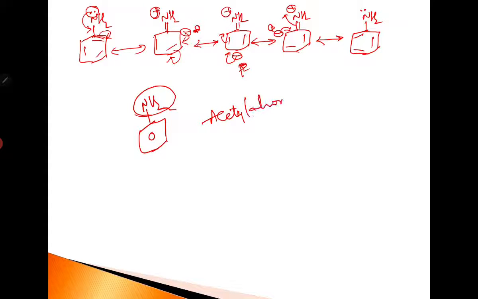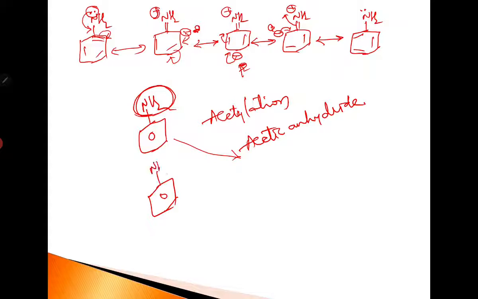First, it is protected by acetylation, that is by treating it with acetic anhydride. So, when aniline is treated with acetic anhydride, this amine group is converted to an amide group, that is the NHCOCH3 group.